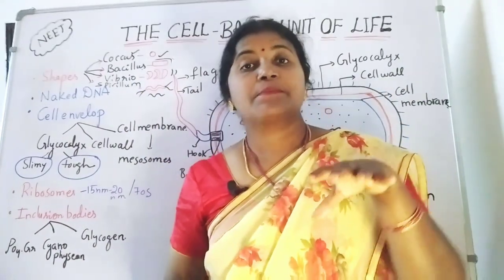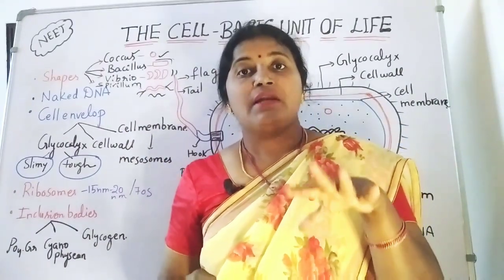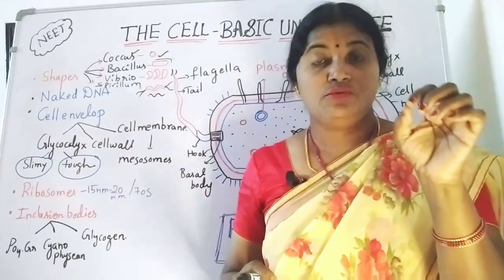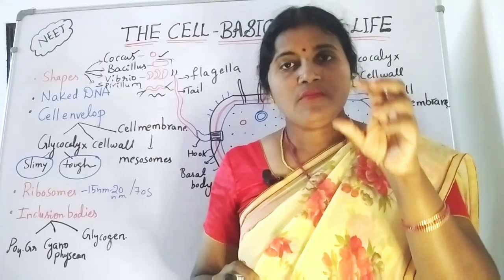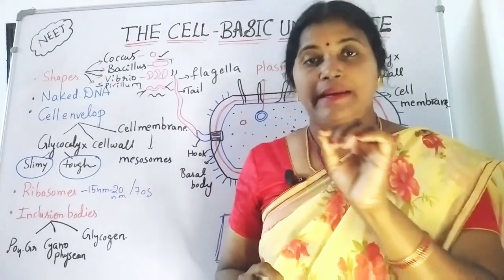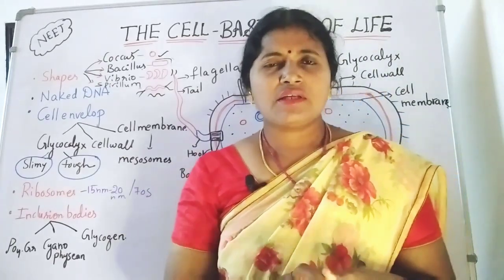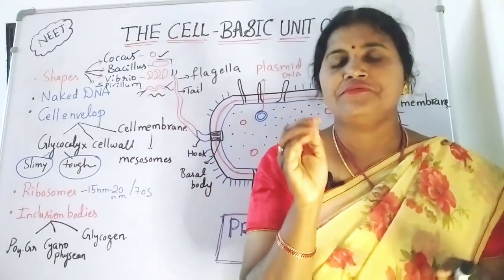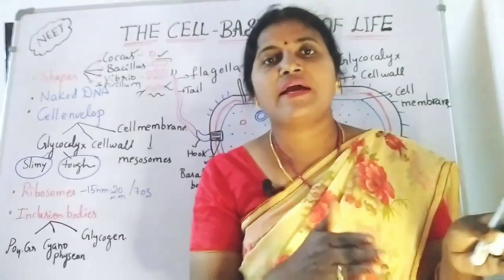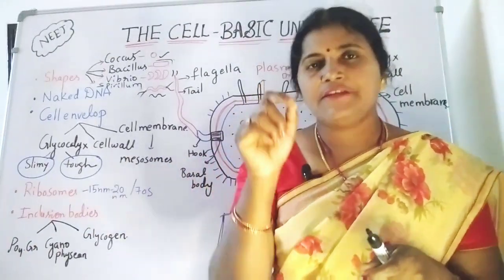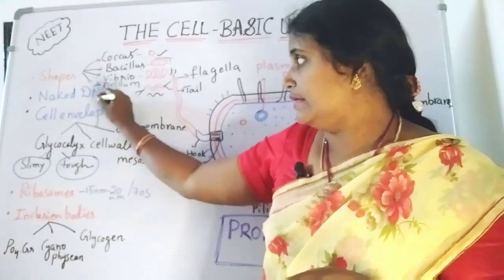And what are the examples for prokaryotic cells? Write down this: bacteria, blue-green algae, mycoplasma, pleuropneumonia-like organism, PPLO. Those are the examples. And what is the main significant feature which differentiates the prokaryotic and eukaryotic cell? That significant difference is naked DNA.